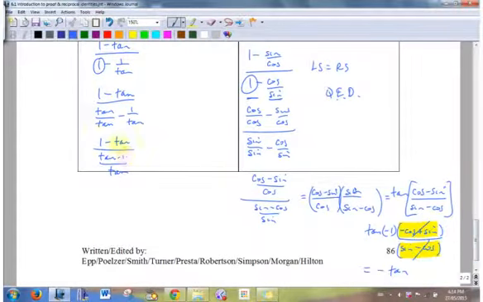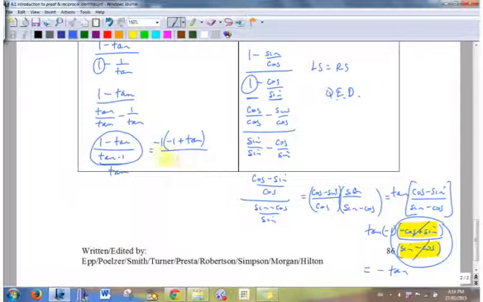So, again, this thing I did here, can I do something with the same effect there? What if I factor out a -1 out of the top, let's say? That will be a -1 plus a tangent, right?